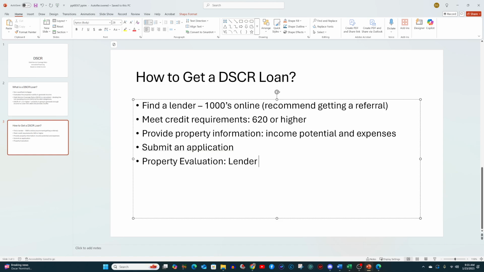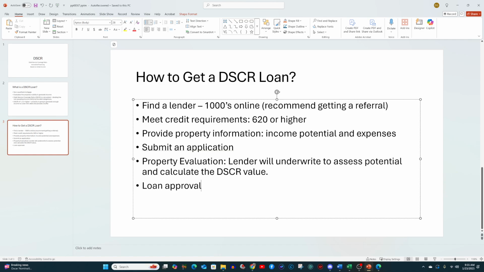The lender is going to underwrite the property to assess the potential and to calculate the DSCR value.